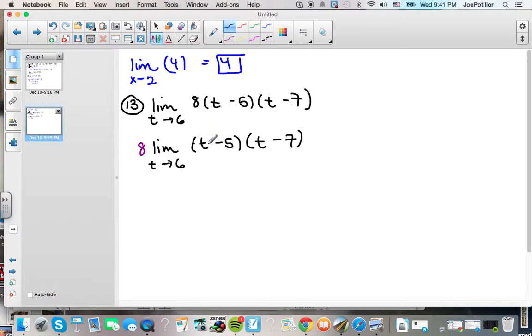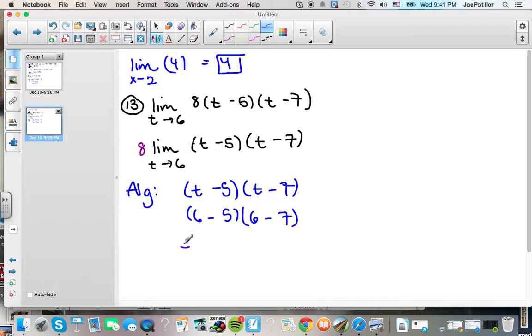Plug in the 6. So we'll do our algebra once again. Plus 1, negative 1, which ends up being negative 1, times 8, which is negative 8.